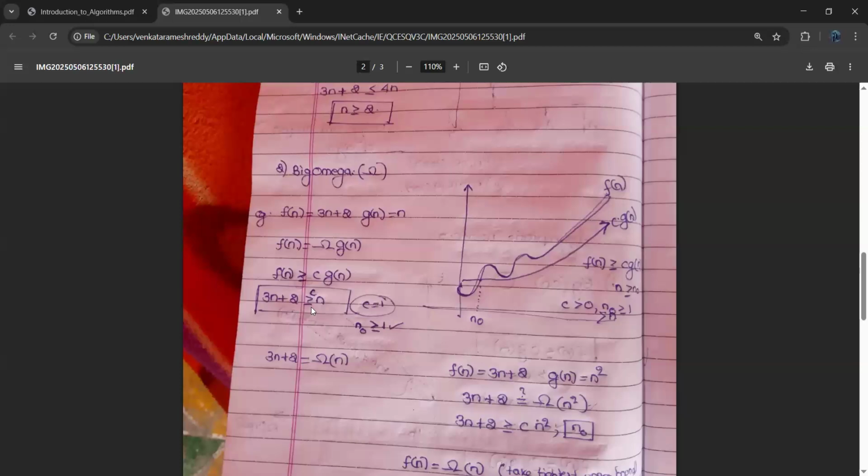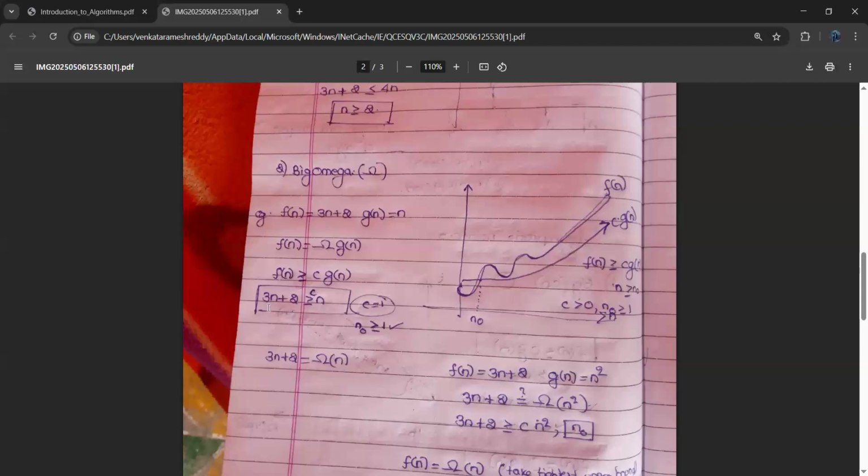If you take the values right from 1, this condition is always satisfied. If you put the value 1 in place of n, 3 plus 2 is 5, and 5 is greater than or equal to 1, yes, it is true. So right from the value of 1 it satisfies the condition, so n naught should be greater than or equal to 1.